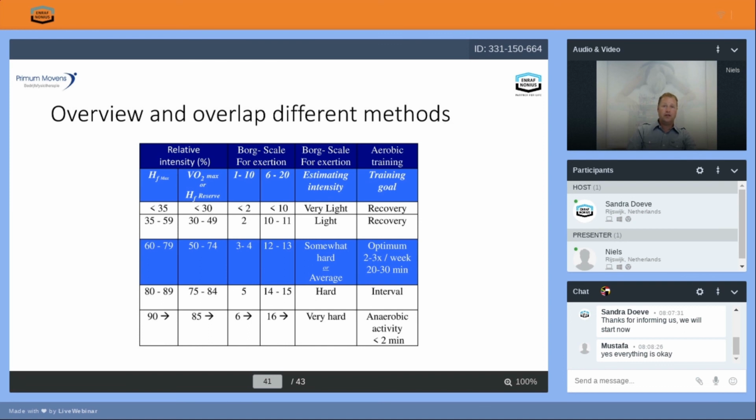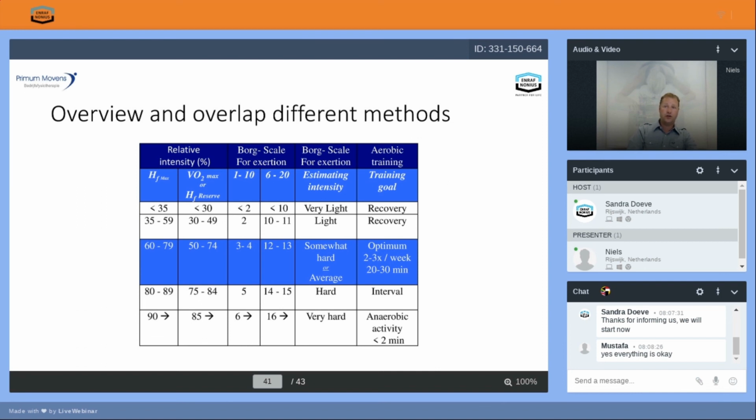As you can see, the range somewhat hard or average from 12 to 13 and up to hard, that's actually the range when you want to work on endurance levels. Then we have the final row, that's for the aerobic training. You see the training goals.